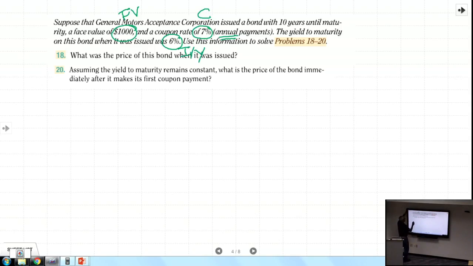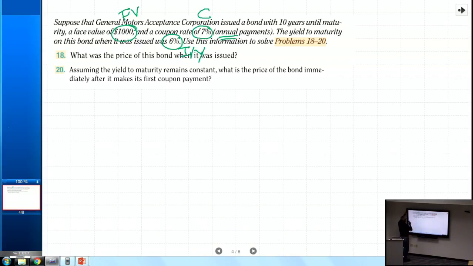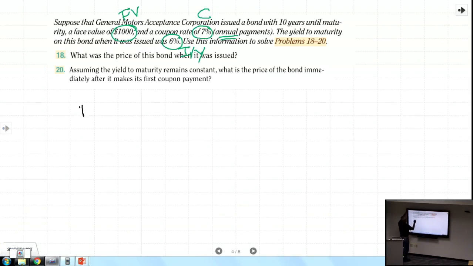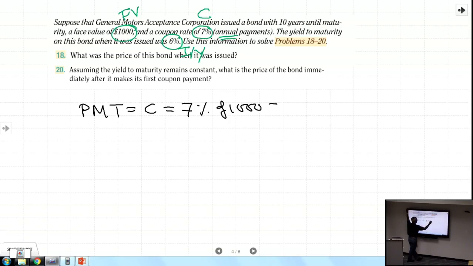So we can put this on our timeline formulas. Payment, which is our coupon, which is going to be 7% off par. So it's 7% off 1,000, which is 70.